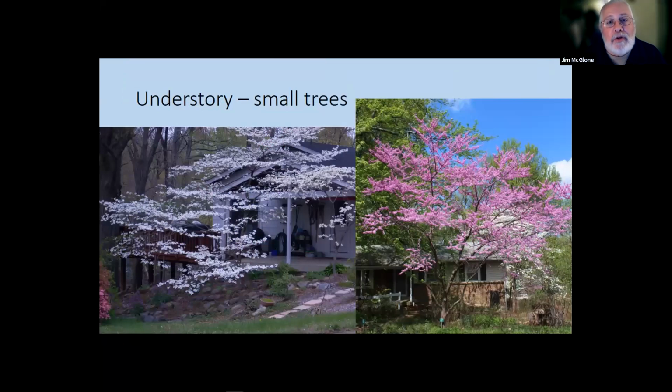And we go to the understory where we have small trees. On the left is Cornus florida, the flowering dogwood, and on the right is Cercis canadensis, redbud. And this is an example of those stories we can tell with these things. There are only generalist bees that use Cornus florida. There is a specialist bee that specializes on Cercis canadensis.